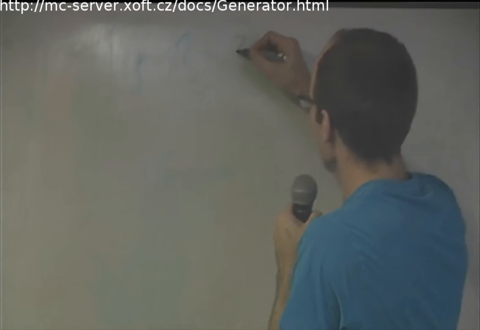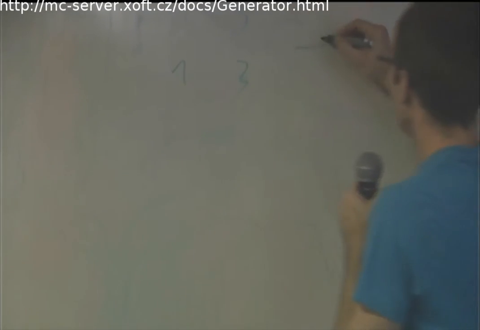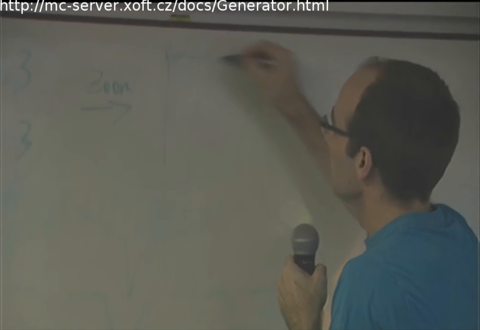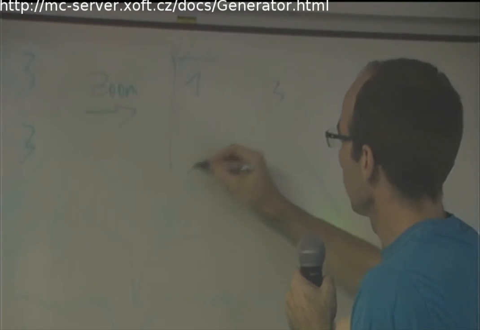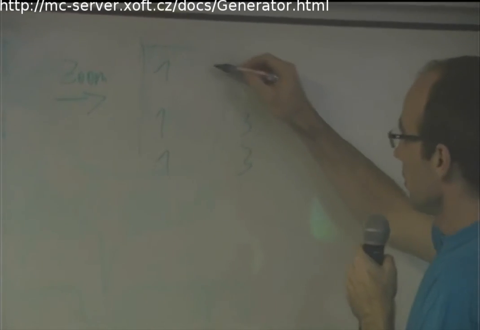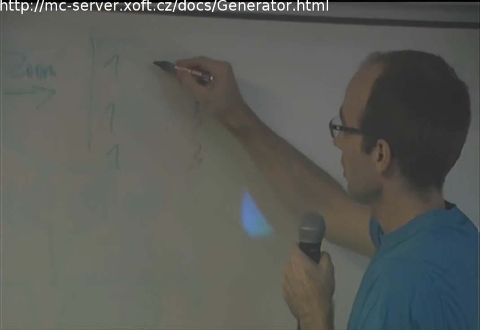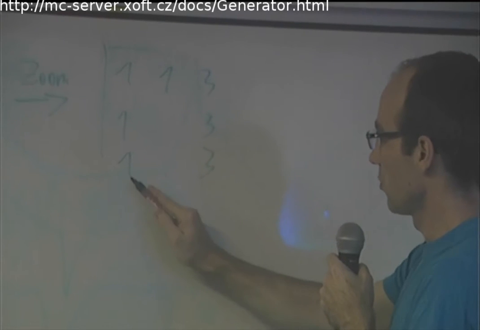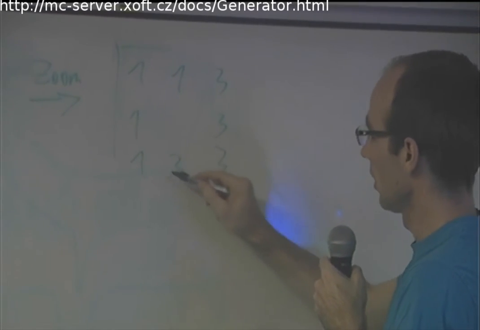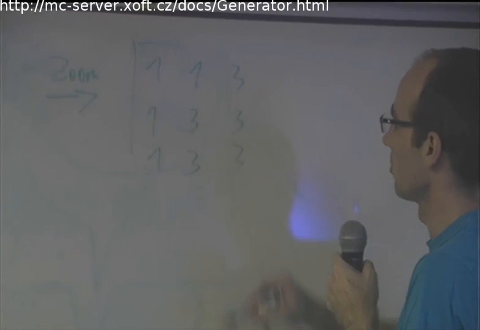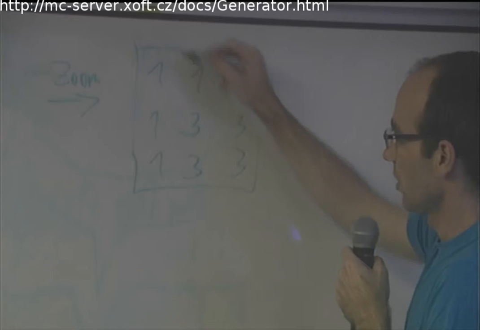So, the question is, if you have 1, 3, 1, 3, and you apply the zoom in the grown scheme, you would get 1, 3, 1, 3. This would be a 1, this would be a 3. This could be either 1 or 3, so let's choose 1. This could be either 1 or 3, so let's choose 3. And this one could be either of the corners, so let's choose 3, for example. So this could be one result of the zoom operation.